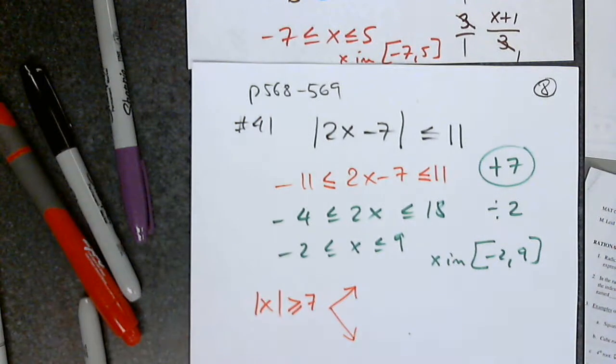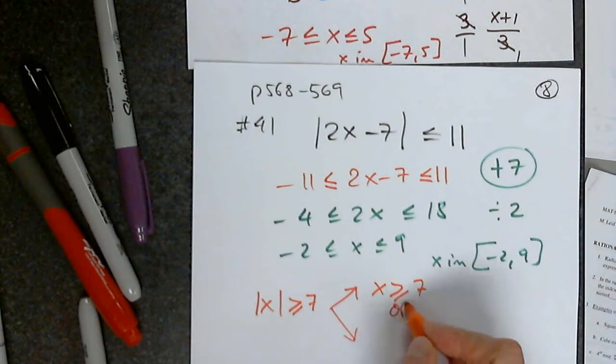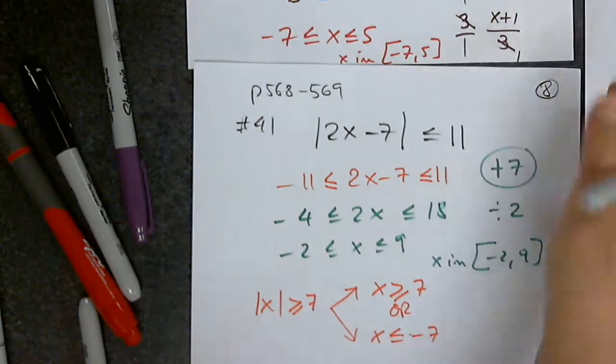And I can solve them together. But this, I cannot. They have to be completely separate. Greater than or equal to 7 or what? Or equal to? Exactly. So x greater than or equal to 7 or x less than or equal to -7.